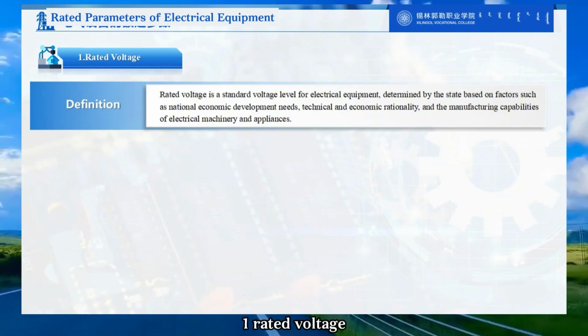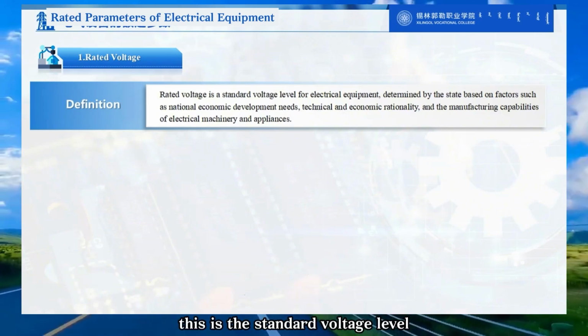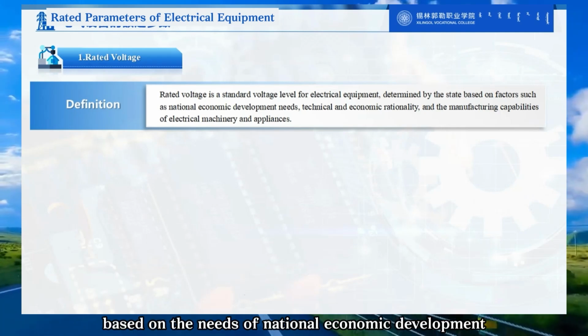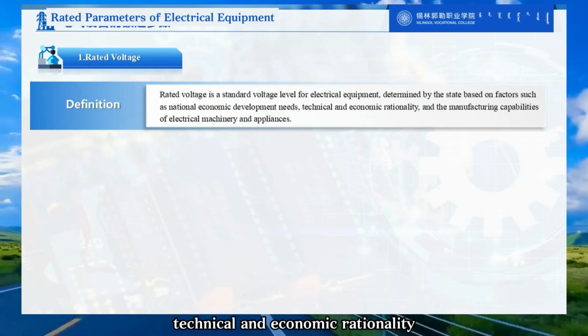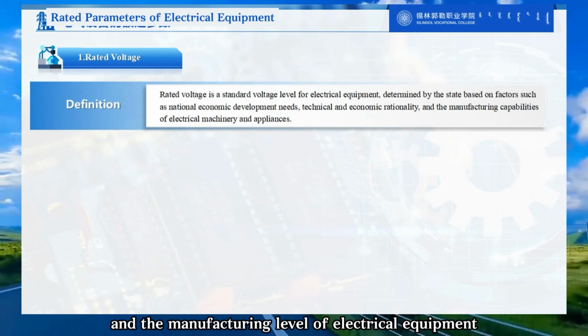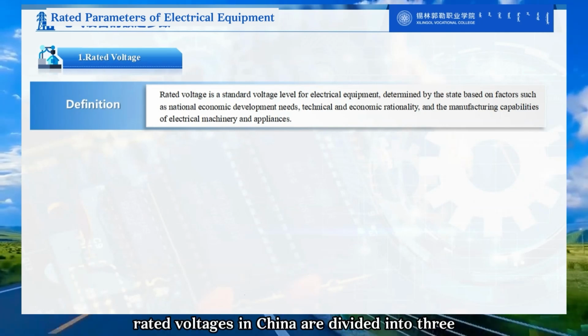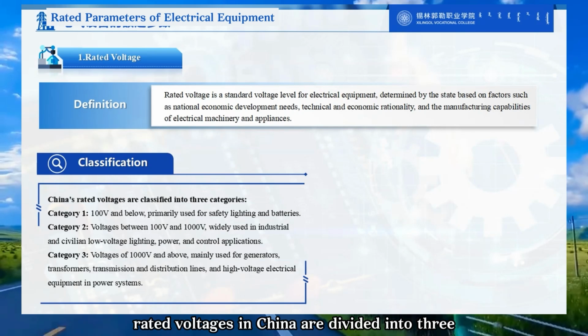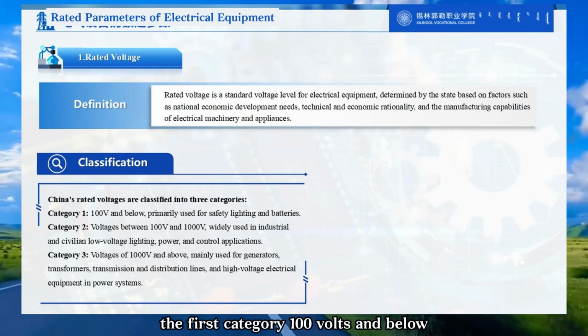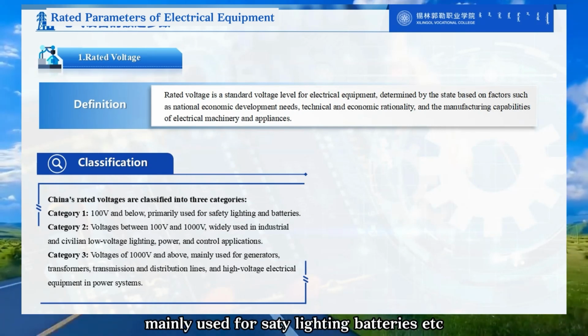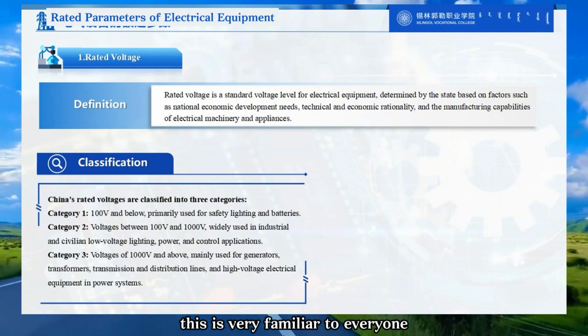Part 3: Rated parameters of electrical equipment. 1. Rated voltage. This is the standard voltage level specified by the state based on the needs of national economic development, technical and economic rationality, and the manufacturing level of electrical equipment. Rated voltages in China are divided into 3 categories. The first category, 100 volts and below, mainly used for city lighting, batteries, etc. This is very familiar to everyone.